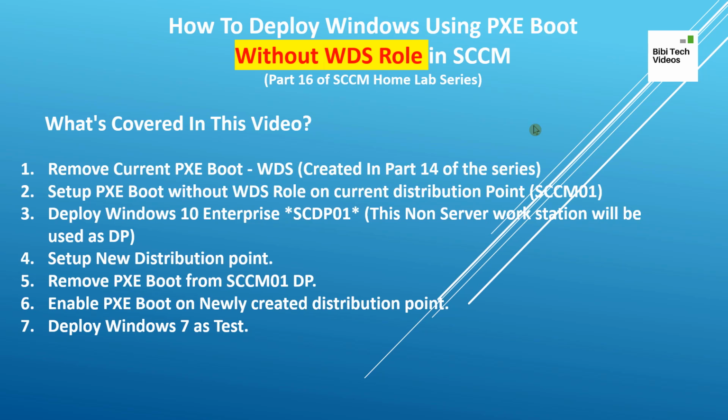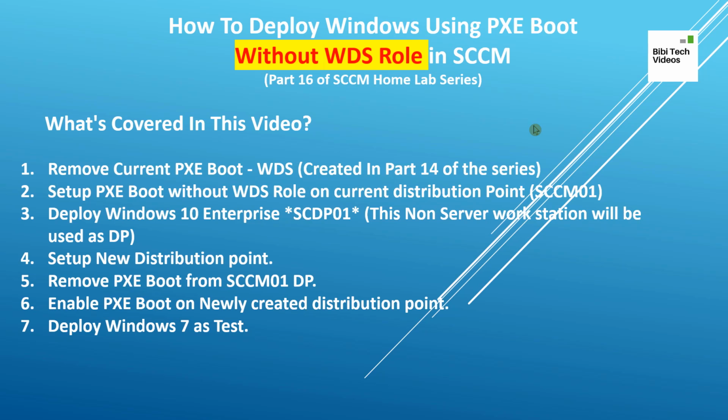In this video, I'll basically be covering the following. I will remove the current PXE boot, the one that I set up in part 14 of this series. That would also remove the Windows Deployment Service role on that server, which is SCCM 01.